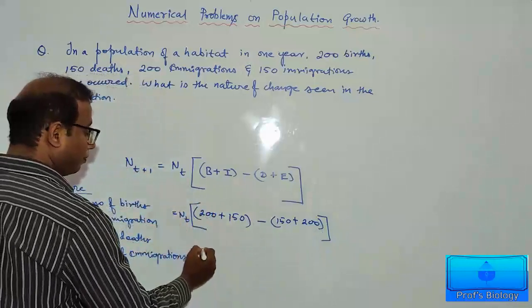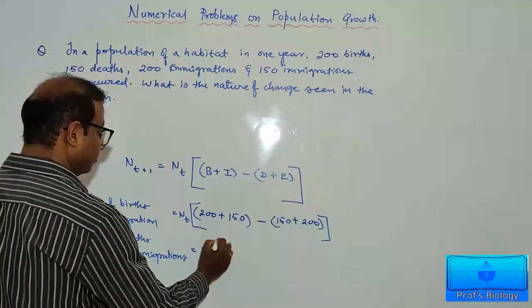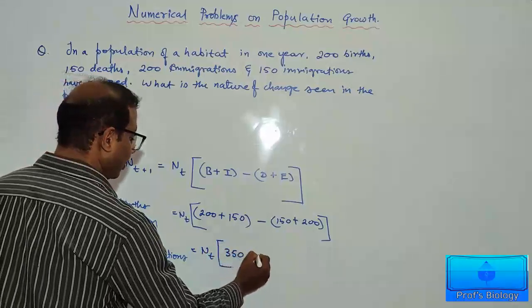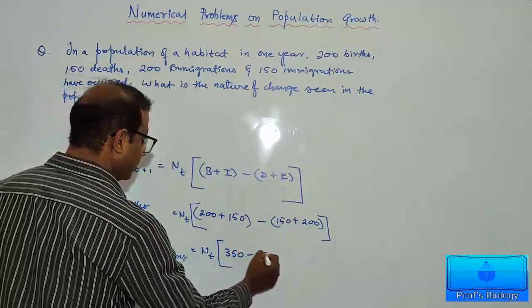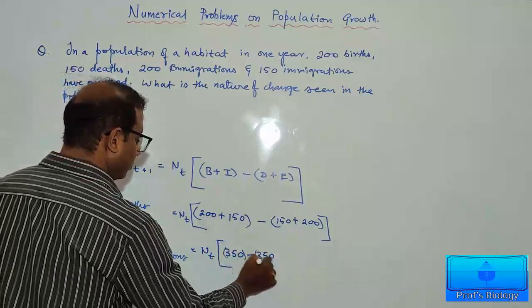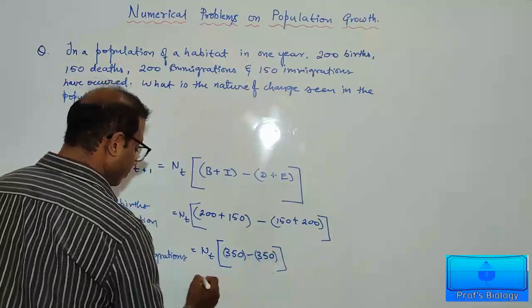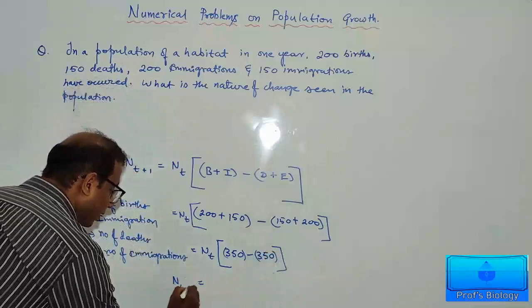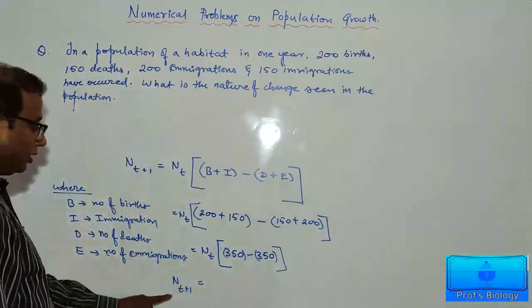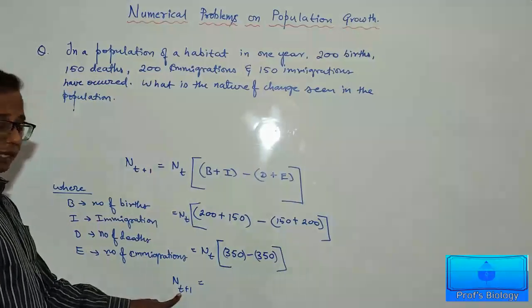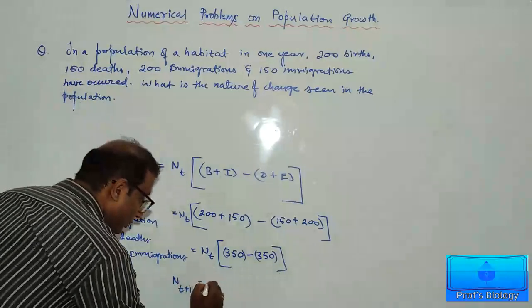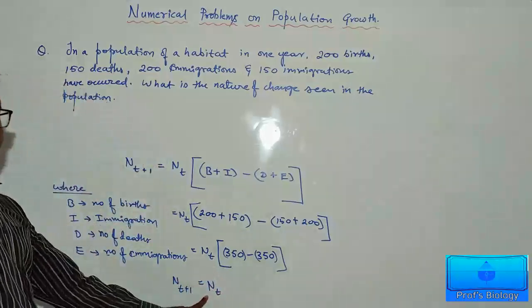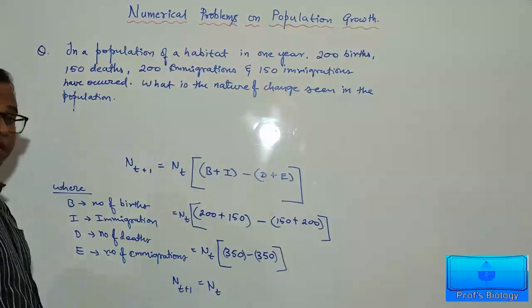This would be Nt plus 350 minus 350, which makes Nt plus 1, population at the end of the given duration, same as the initial population, which is Nt.